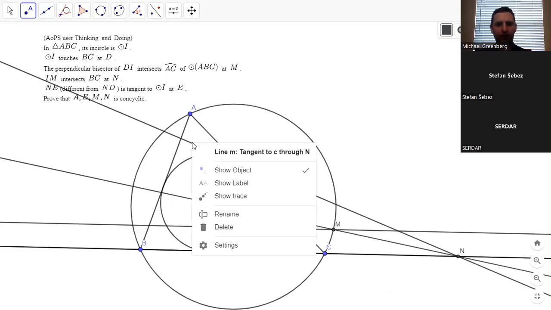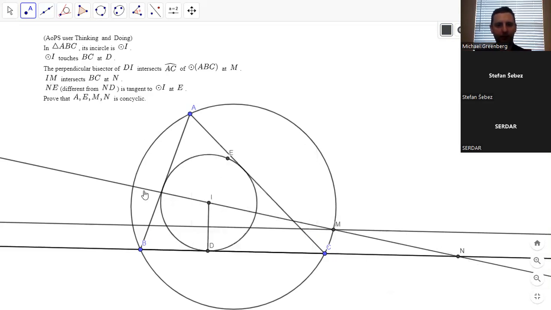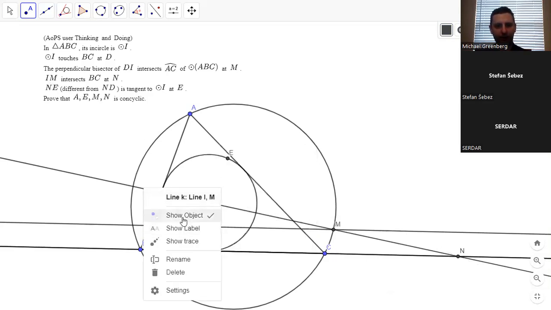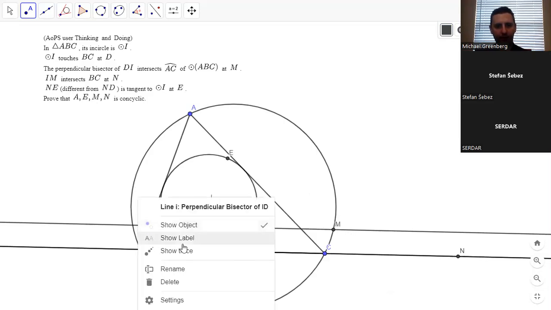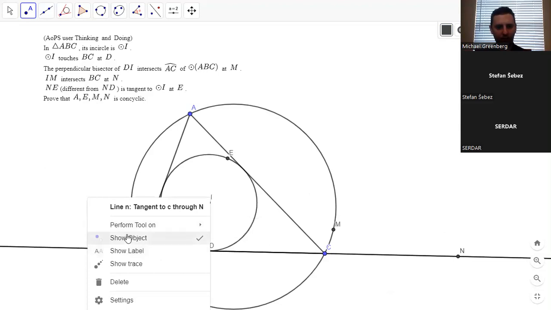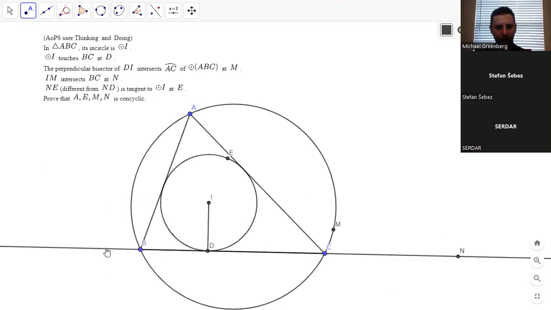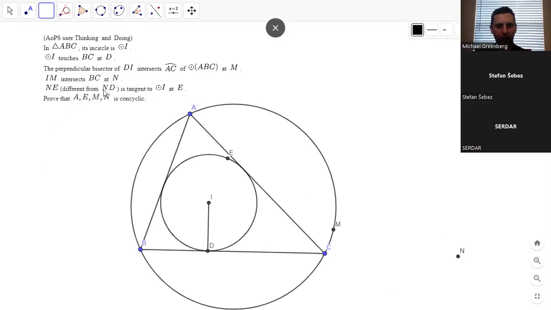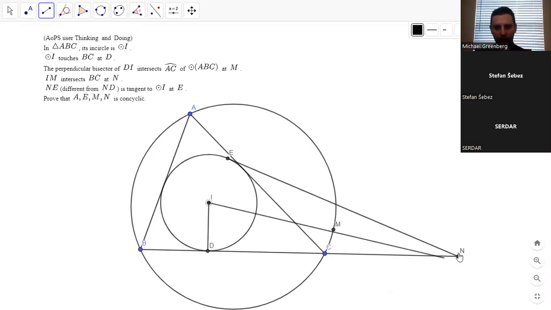This is an interesting configuration. Let me hide some of the excess. That is tangent, and we have a perpendicular bisector.